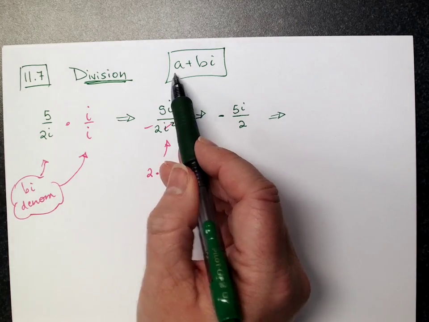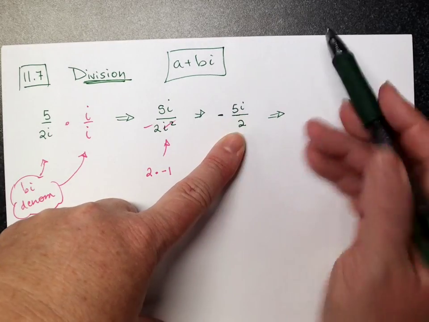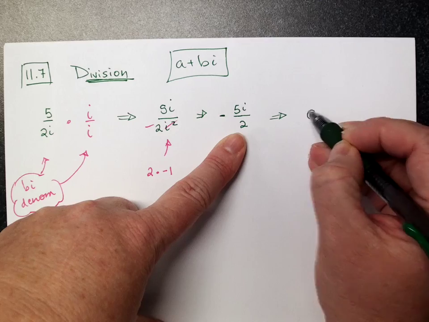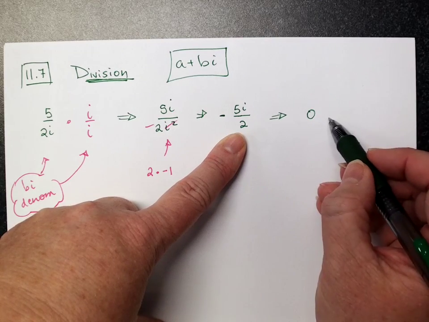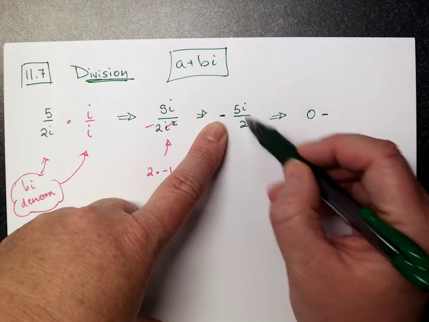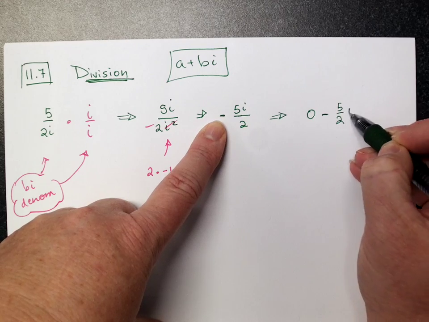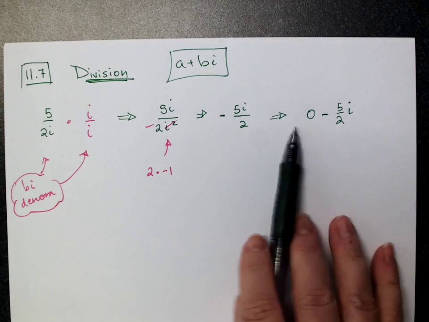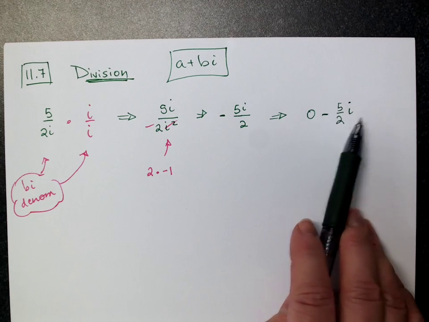There is no pure real. When we did this, all we got was an imaginary unit. So if we're going to write it in formal notation here, we have to put in a placeholder for that a. Okay? And now plus or minus, in this case minus, and we want to pull out this as a fraction coefficient. So minus 5/2, and put i right at the bar there. There's our a plus or minus bi.